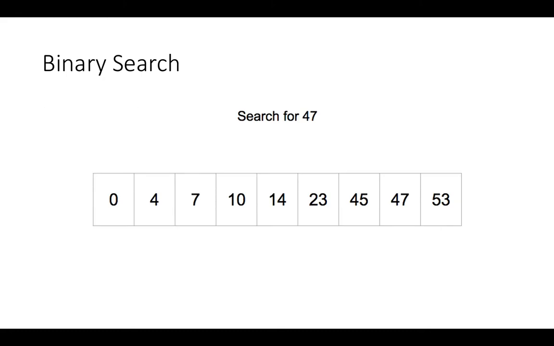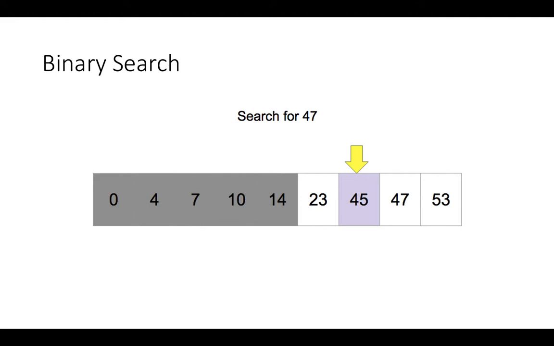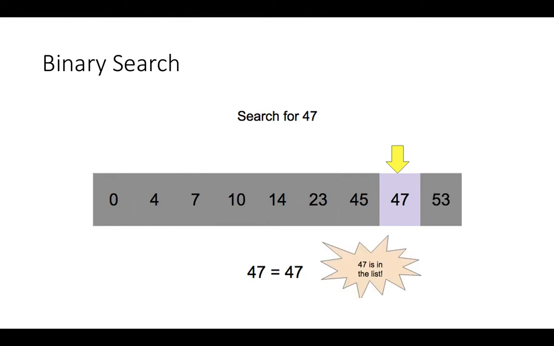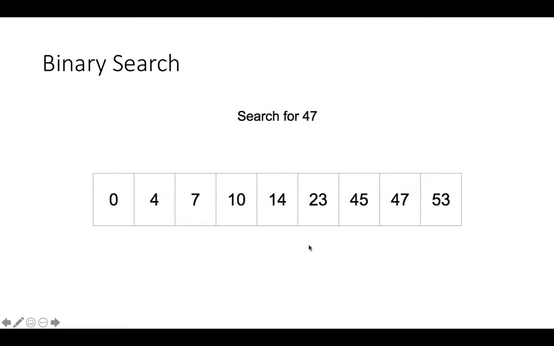So how this algorithm works: let's assume we have an array and we are searching for the number 47. We go to the middle and compare 47 with this middle, 14. If this 14 is less than 47, then we know that the 47 will be in the next half of the array.